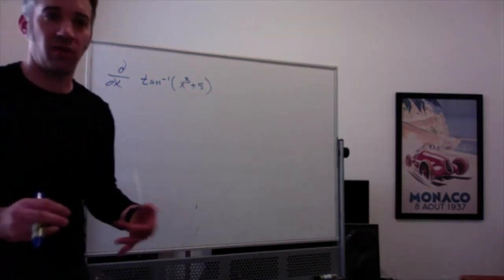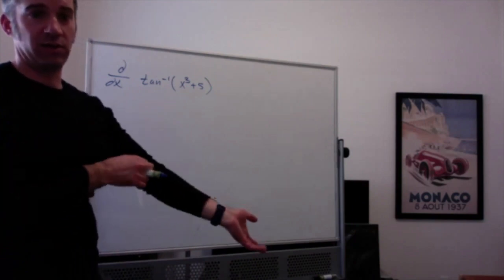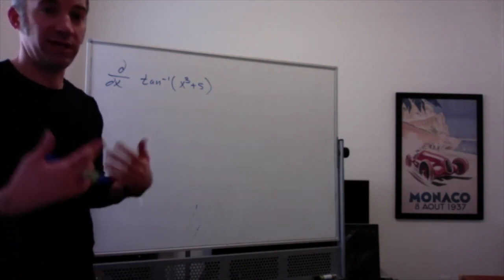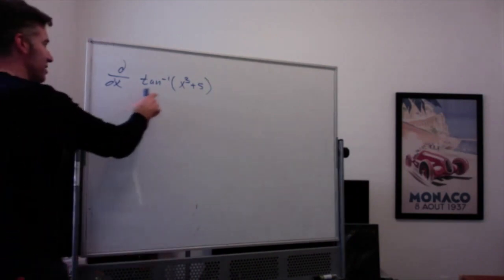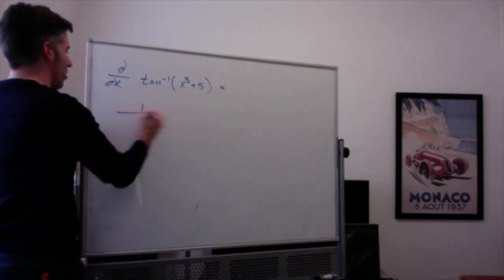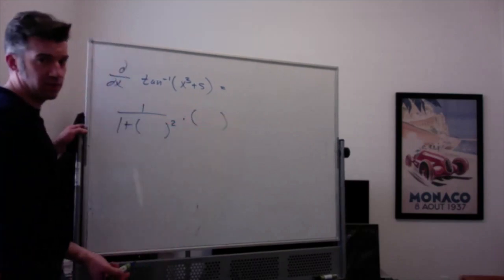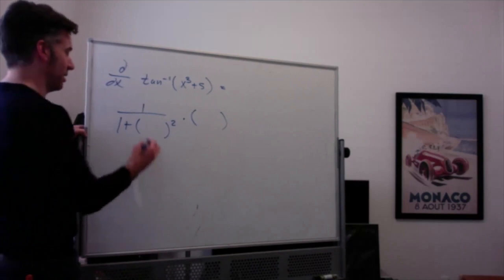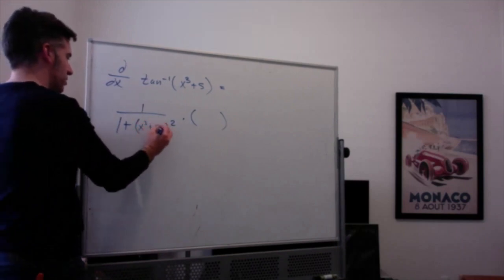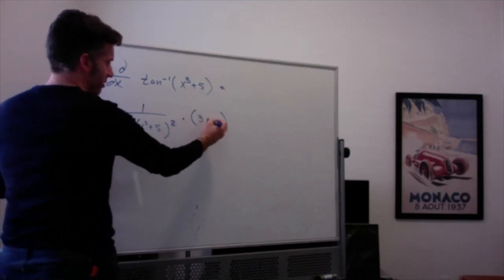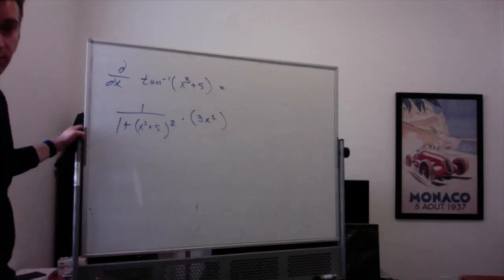And this is just throwing everything at the formula again. So just like the derivative of inverse tangent of x is 1 over 1 plus x squared, the derivative of inverse tangent of some stuff is going to be 1 over 1 plus your stuff squared times the derivative of your stuff. It's the same thing again and again and again. So it's 1 over 1 plus x cubed plus 5 squared times the derivative of x cubed plus 5.